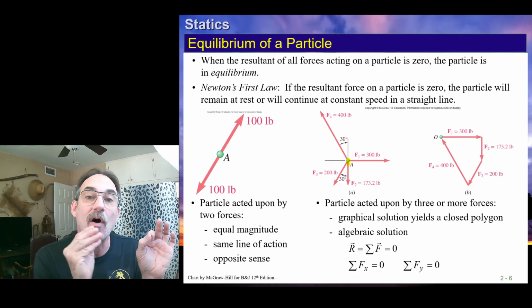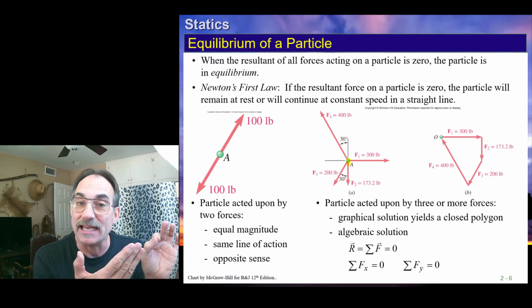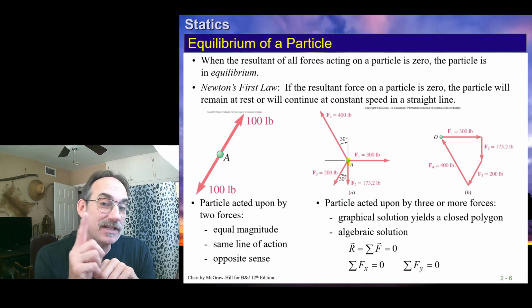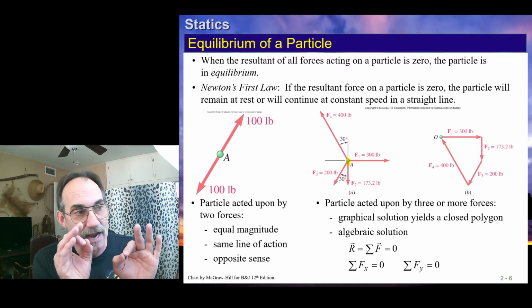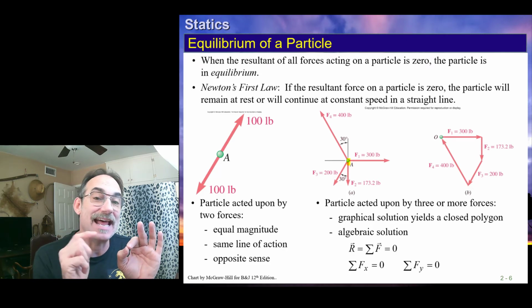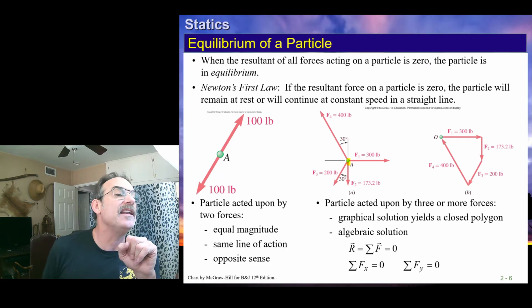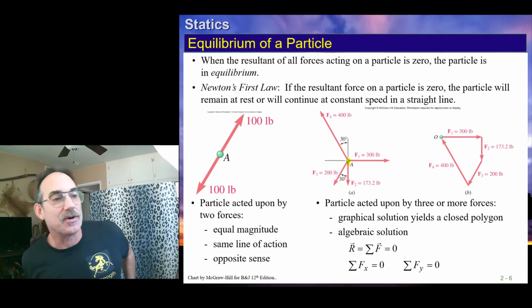So we can sum up all forces, set them equal to 0, and solve for any unknowns. We've got a 300-pound force in the x direction. We have a 400-pound force, which has components in the positive x and negative x and positive y. We've got a force of 200 magnitude, which has components in the negative x and negative y. And a force of 173.2 pounds in the negative y direction.